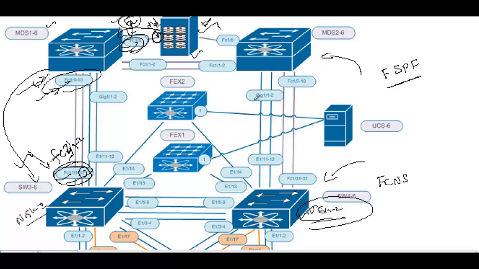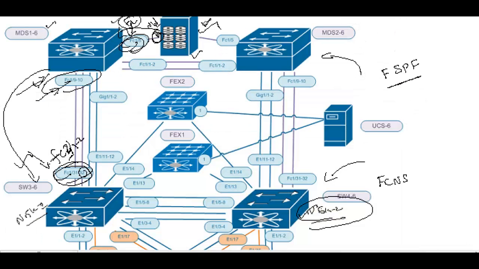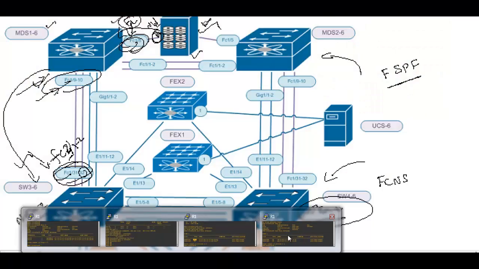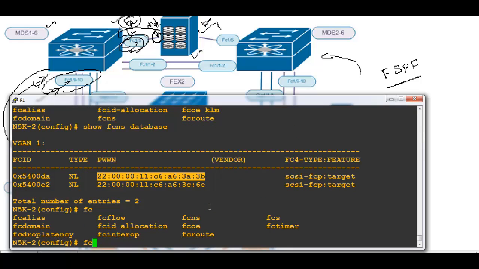FSPF is a routing protocol that automatically runs to route your traffic in FC. I want to show you by pinging. I'm on 5K2. Let me ping this JBOD. I'll say fcping, fiber channel ping. That's the command. See, put a question mark.